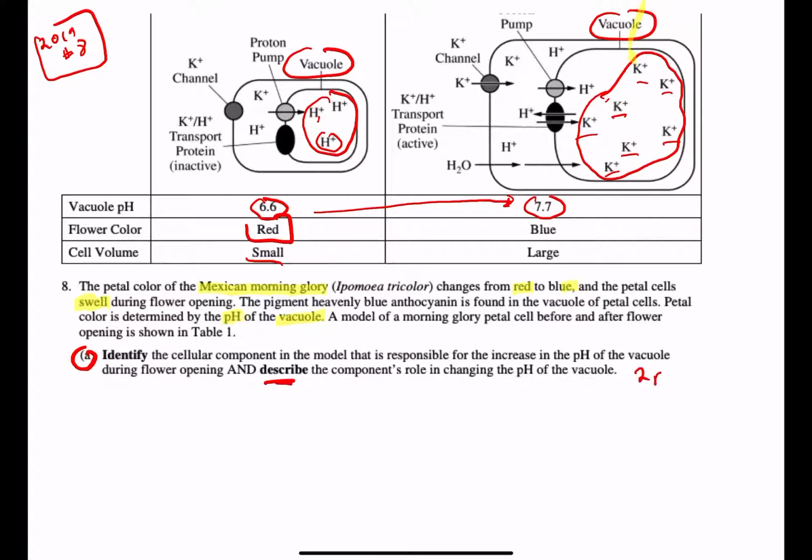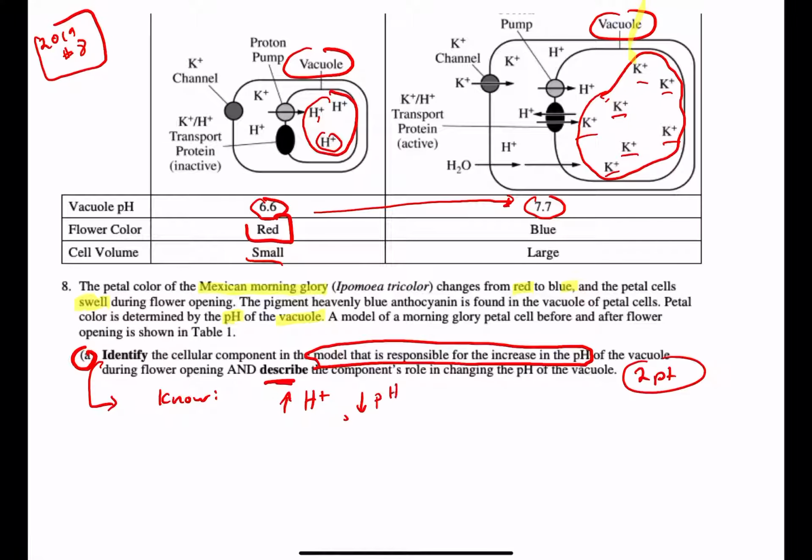So this is going to be a 2-point question. Let's try to figure this one out. It's specifically asking what part of this model is responsible for the increase in pH. What you needed to know for this one is if you increase the H plus ions, you're going to be lowering the pH.